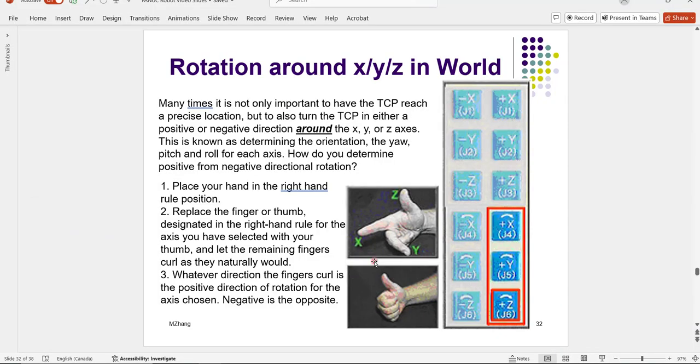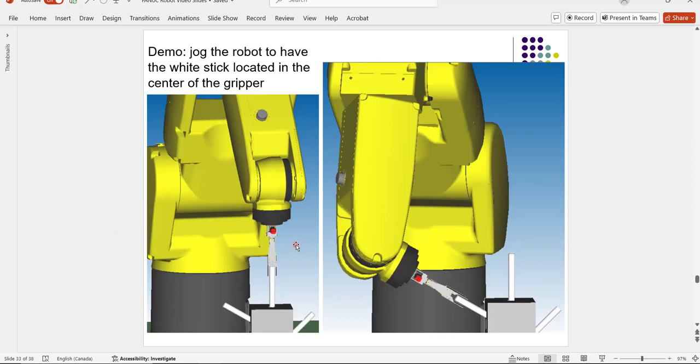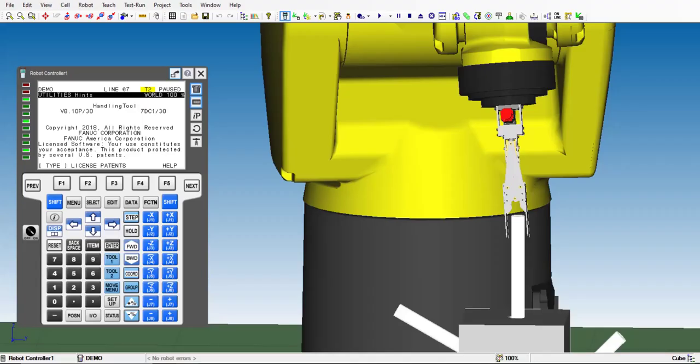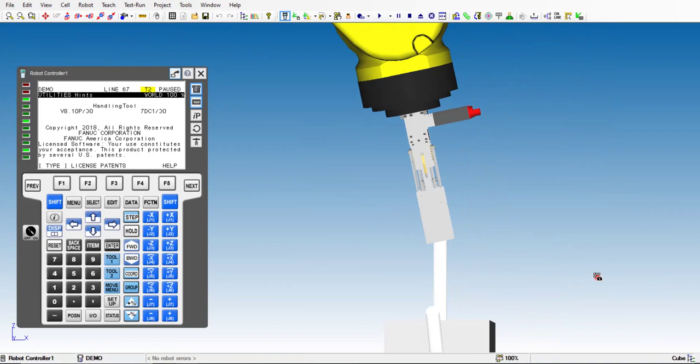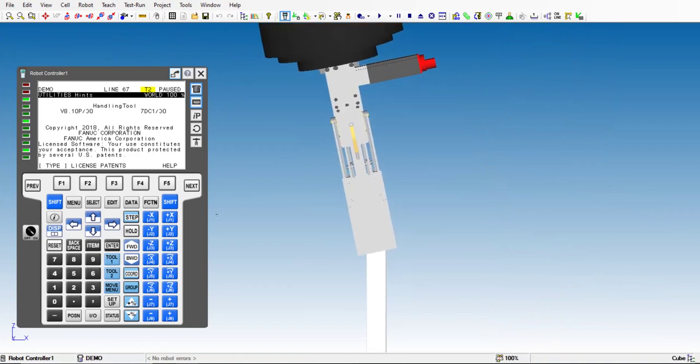We want to rotate around the Y direction and then use the right hand rule, though it's not a perfect illustration there. Let me go back here. Anyway, let me just redraw that. I still think this way is better.